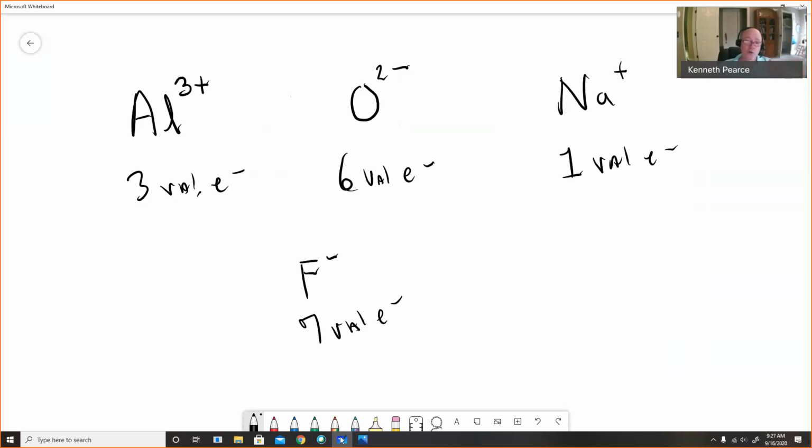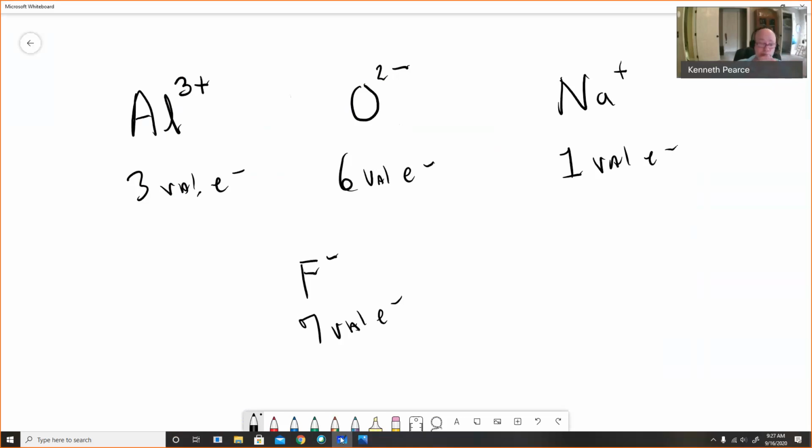And where did these numbers come from? They come from the octet rule, where we're going to lose, gain, or share to get a full valence shell, a full valence shell being the same as the noble gas on the far right-hand side, whether it's on the same row or the previous row. It doesn't matter.